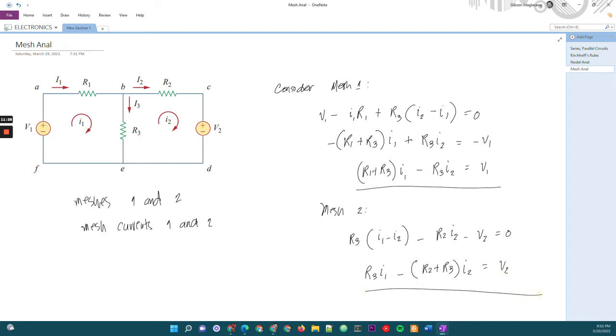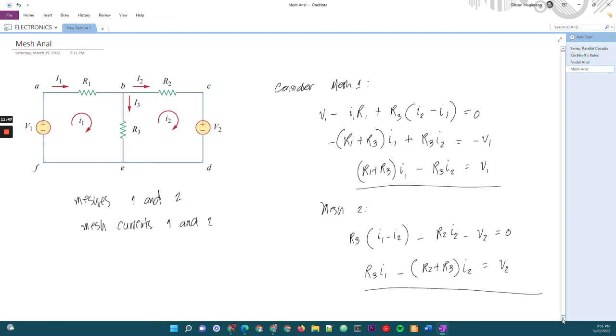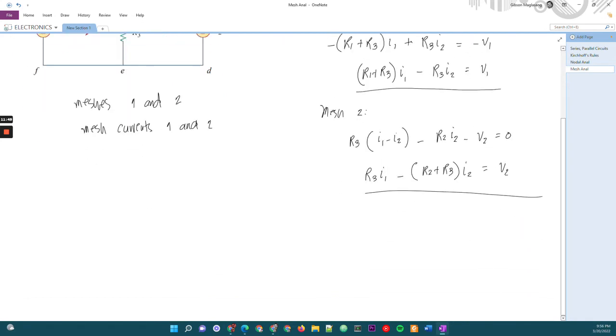So we have two equations now, and we only have two unknowns, I1 and I2, so we only need two equations. We can solve for I1 and I2 using any method that can be used, depending on the instructions: substitution, elimination method, Cramer's rule, or using software such as MATLAB. Okay, so let's put these equations in matrix form.